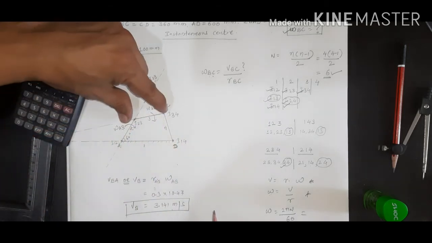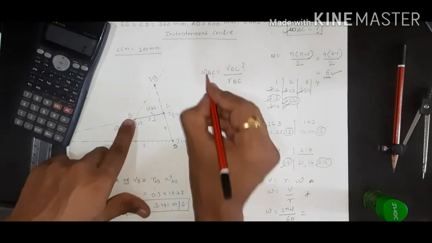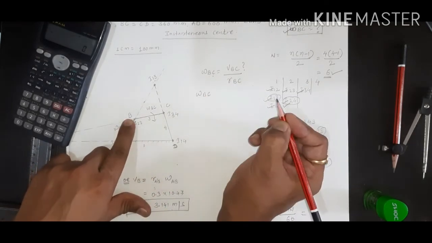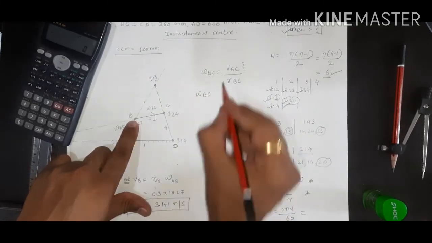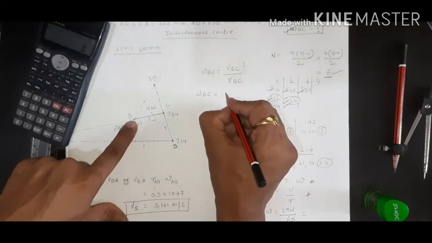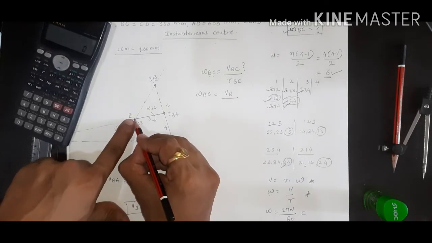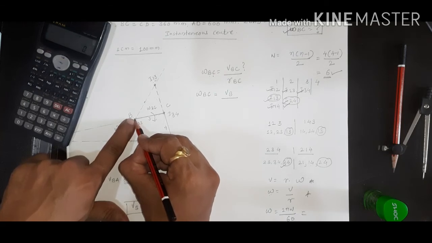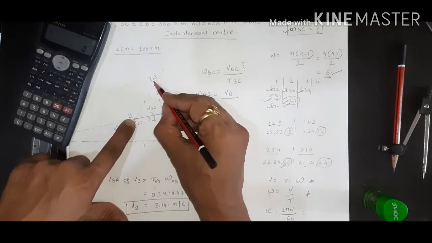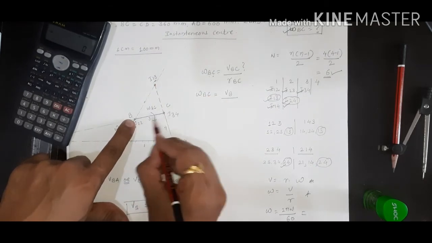Now if I want to calculate the angular velocity of BC with respect to link BC through this instantaneous center, then it will be equal to the velocity of B divided by the radius, because this point B is rotating about this center I13 with the link BC.